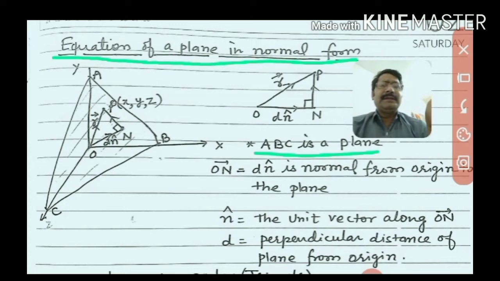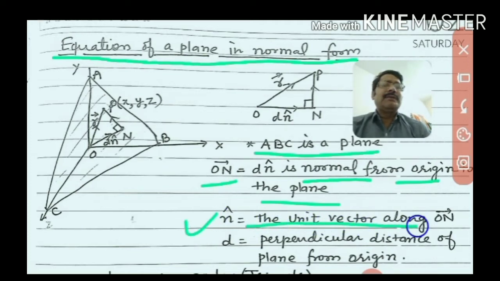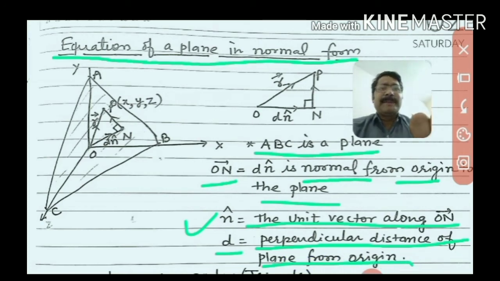The ON vector is d n cap vector, the normal from the origin to the plane, and n cap is the unit vector along ON. Means we can say a unit normal vector. And here d is the perpendicular distance of the plane from the origin.